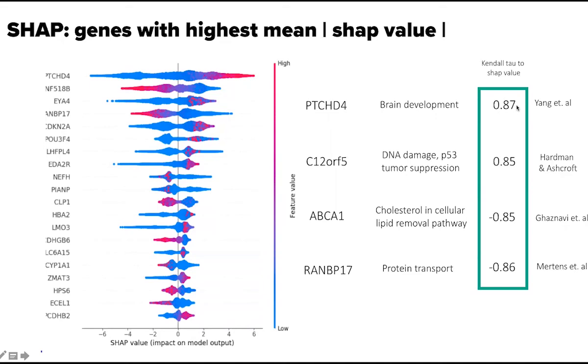We also have some genes that have really high positive correlations, but also some genes that have really high negative correlation. These were two at the beginning of the list, and these two were at the end of the list, and there were many genes between them.